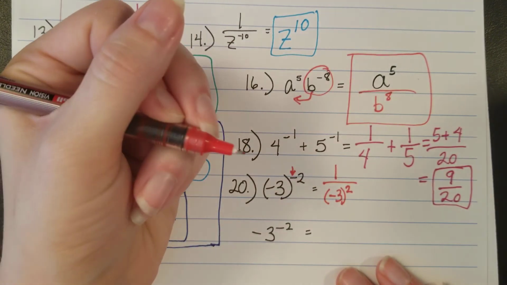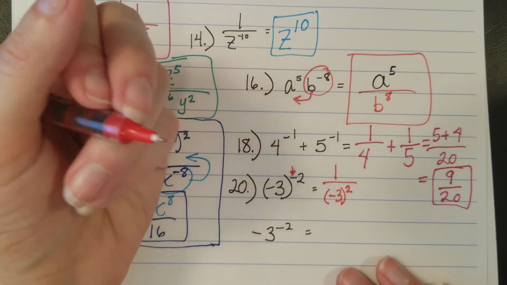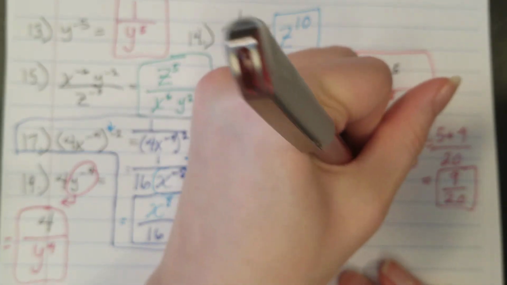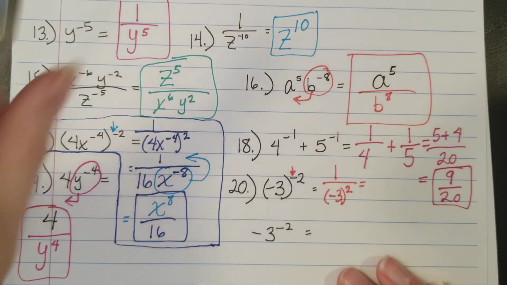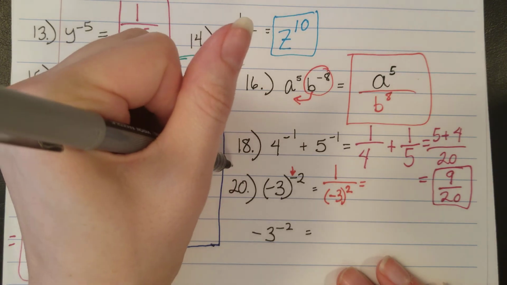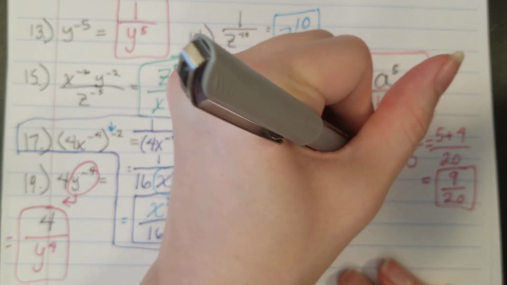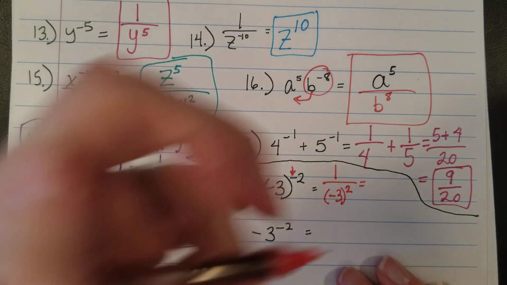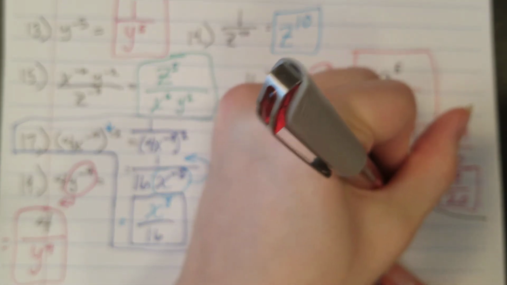So it's 1 over negative 3 in parentheses raised to the power of 2. All right, well, negative 3 raised to the power of 2. So negative 3 times negative 3 equals positive 9. So this would be 1 over 9.